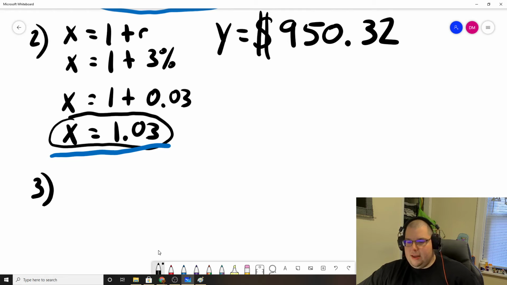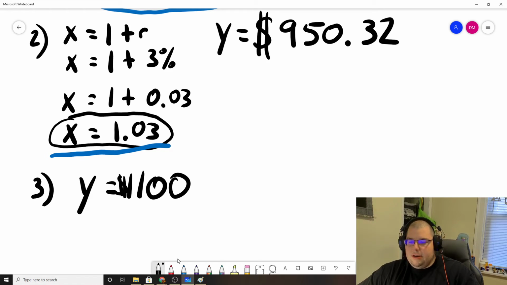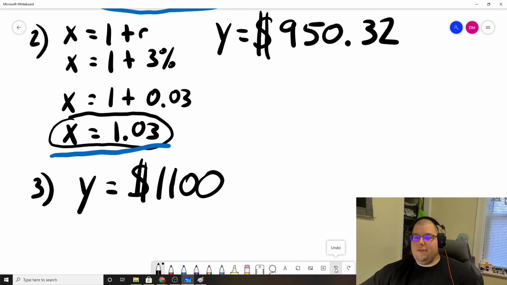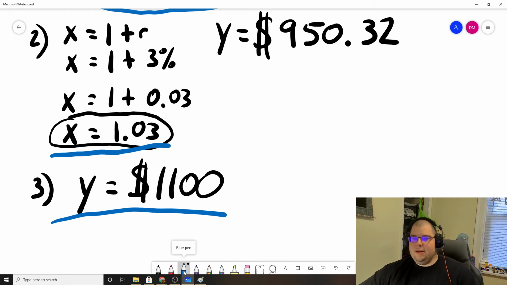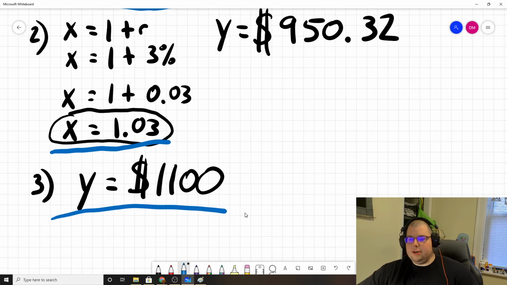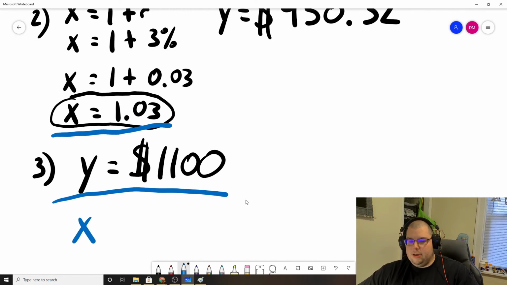For number 3, they're giving me the y value of $1,100, and they want me to find the interest rate. So we're going to graph this now instead of the x value we had before and still look at the intersection, except now we're going to be pulling the x value out. That's what we're looking for.